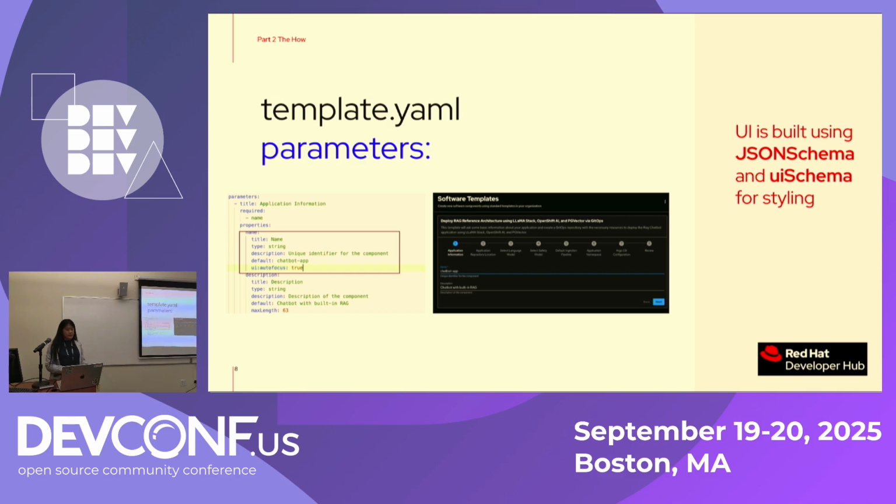The entire interface you see built on the left-hand side is outputted into the user input on the right-hand side. If you look at the code under properties, you've got the title, the type, and the description. Effectively, when the software template runs, the only thing the developers see is this input window right here.